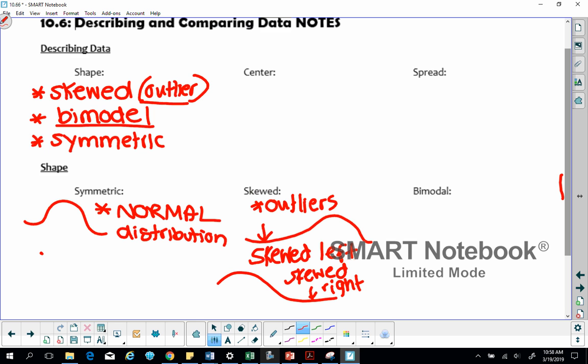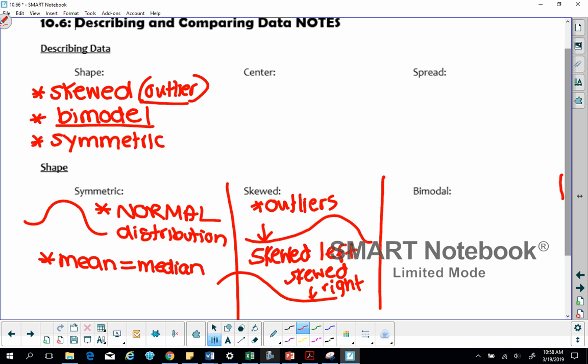When it's normal, the mean is pretty close to or even equals the median. So if I were to do that ticket in the door, if those numbers were the same, if they were both 80, then I would know it's a normal distribution. But because there was an outlier and the mean didn't equal the median, I know it would be skewed.